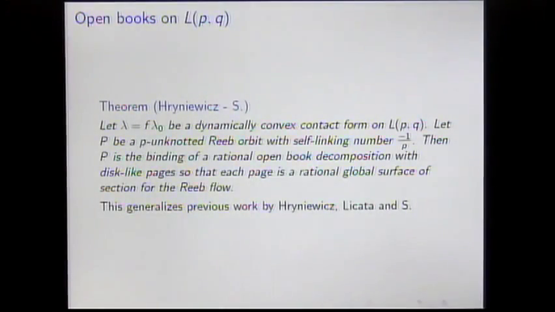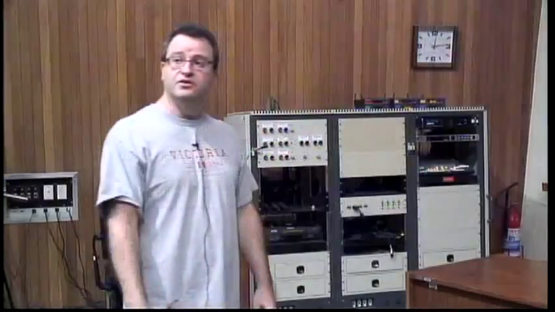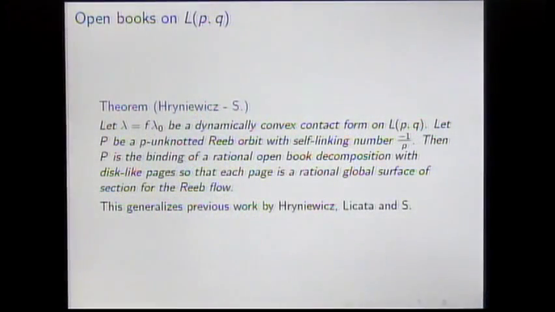But still, if you have one of these p-unknotted periodic orbits with self-linking number -1/p, and if the flow is dynamically convex, meaning that if you lift to S3 it is dynamically convex, then for that given periodic orbit you have a spanning open book decomposition, and all pages are global surfaces of section. You can have a very similar picture as in RP3.